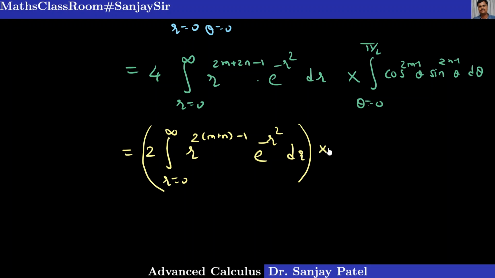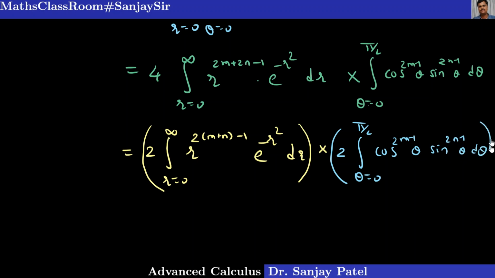into, I can write the second integral, this one, taking the other 2 here, 4 is 2 into 2, so one 2 is written here, the second 2 I will write here, theta equal to 0 to pi by 2 cos raised to 2m minus 1 theta sin raised to 2n minus 1 theta d theta.